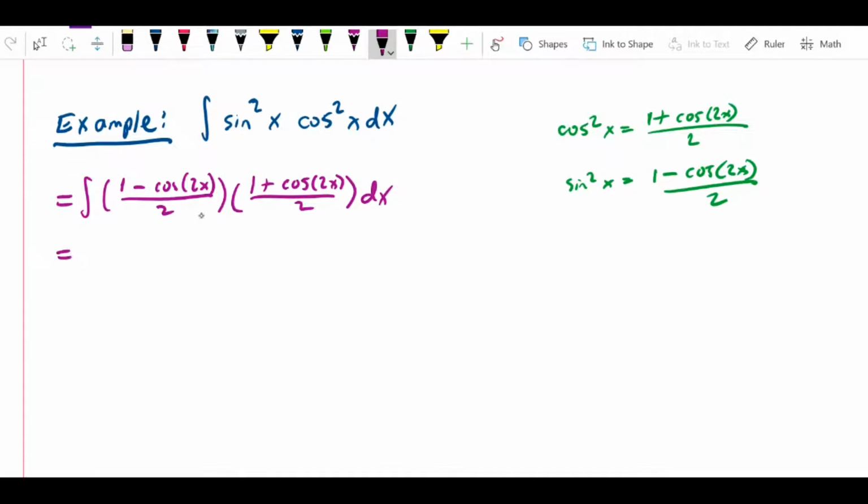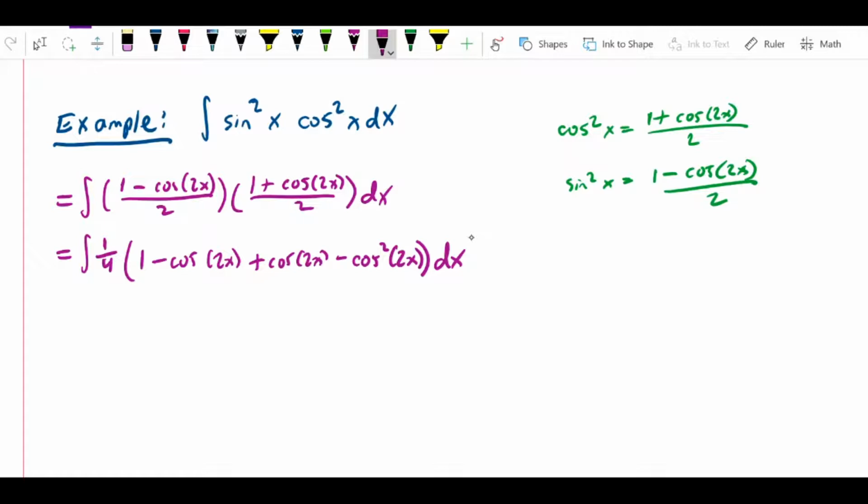We've got 2's in the denominators, so this is going to be 1/4, and I'm going to stop writing the denominator because I just have 2 times 2, so I'll just multiply whatever the result is by 1/4. Now I'm just multiplying the terms on top. I have 1 minus cosine 2x plus cosine 2x minus cosine squared of 2x dx.